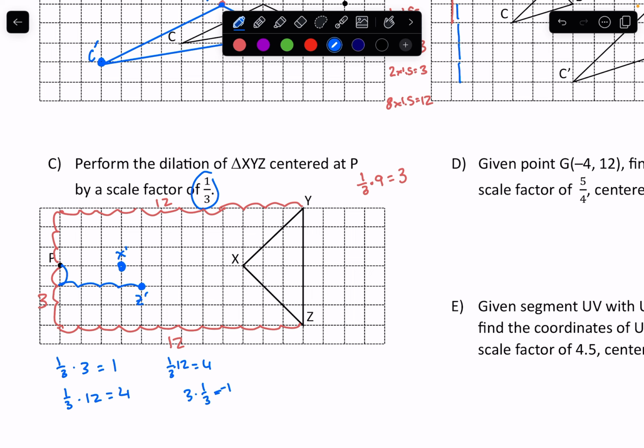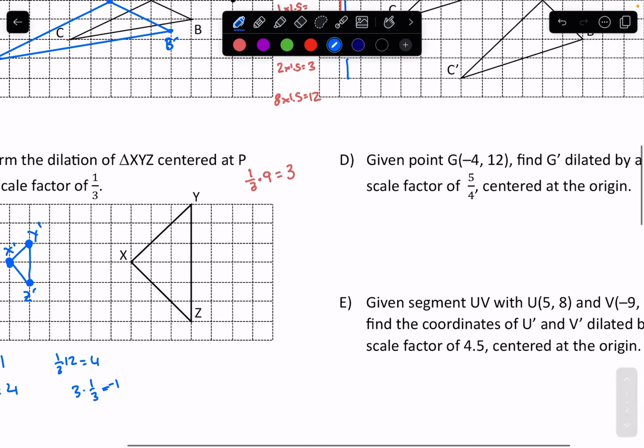So it's going to go up 1, and it's going to go 1, 2, 3, 4 to the right, and this is going to be Y prime. So now if I erase all that nonsense, and I connect my blue dots, I have a dilation X prime, Y prime, Z prime of my original XYZ triangle.